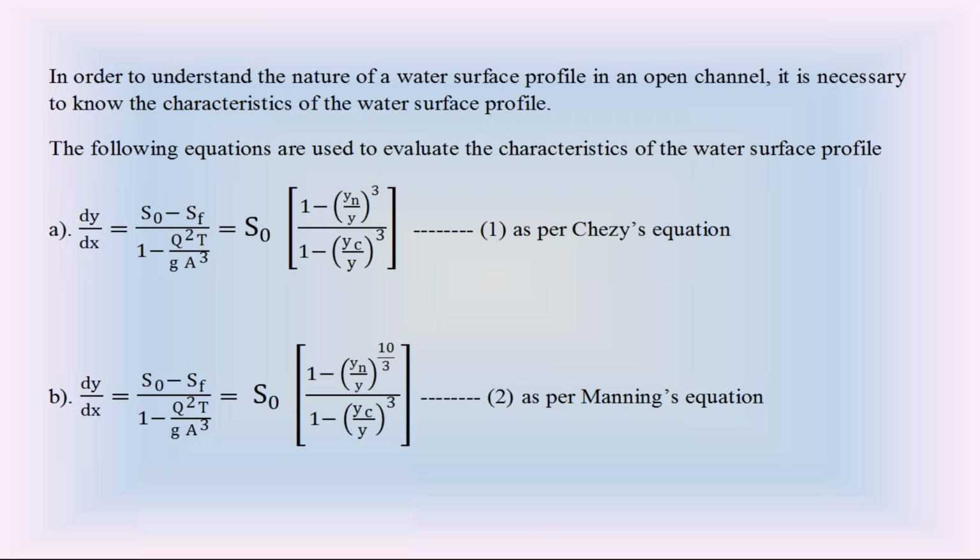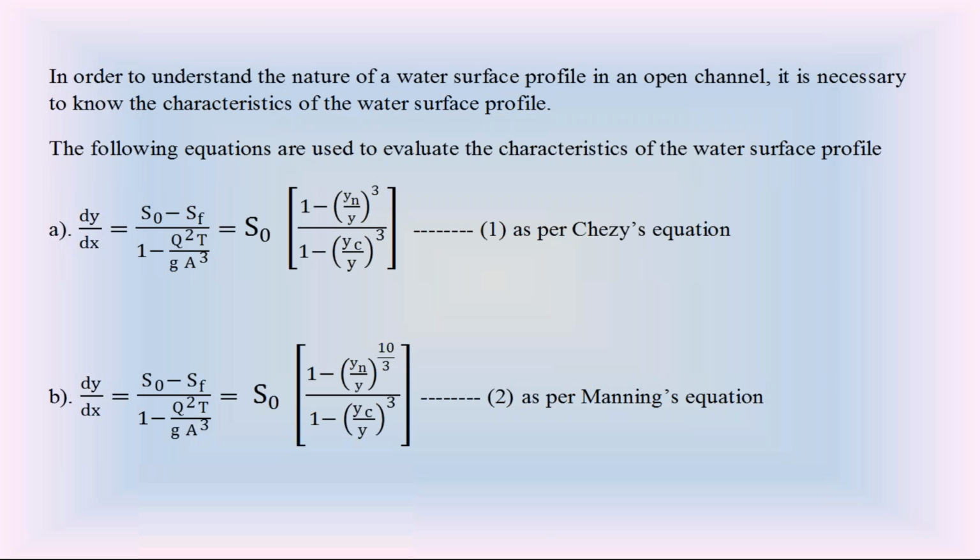According to Chezy's formula, dy by dx is equal to S naught into 1 minus yn by y whole cube, divided by 1 minus yc by y whole cube. That is the dynamic equation of gradually varied flow in the wide rectangular channel according to Chezy's equation.